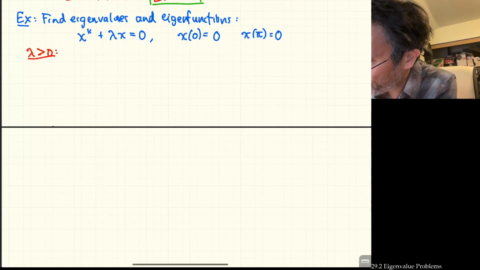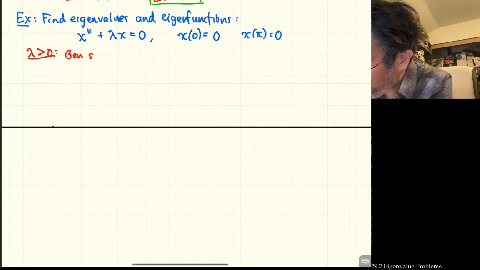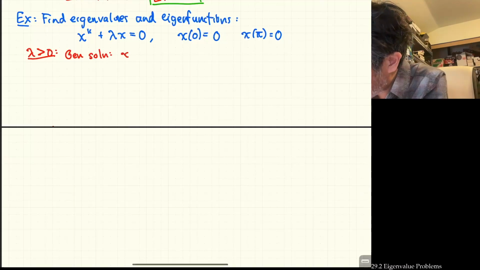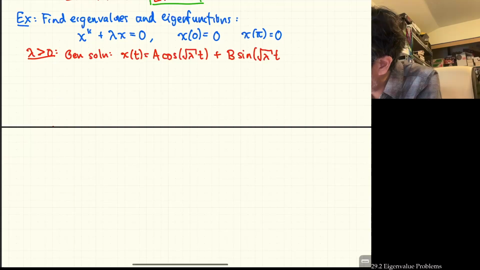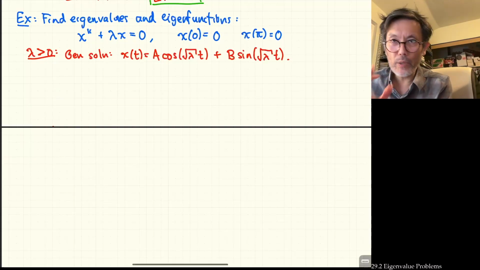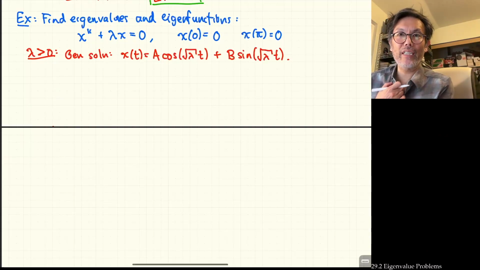So the general solution to the differential equation is x of t equals a cosine of square root of lambda times t plus b sine of square root of lambda times t.